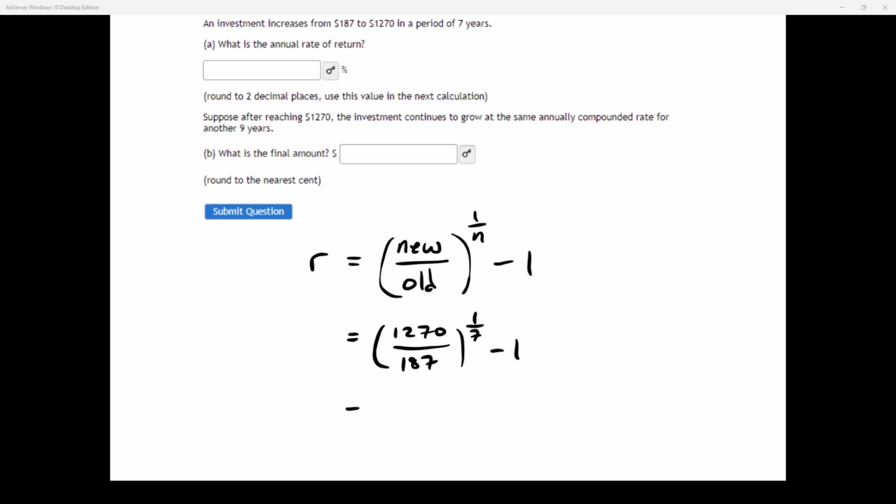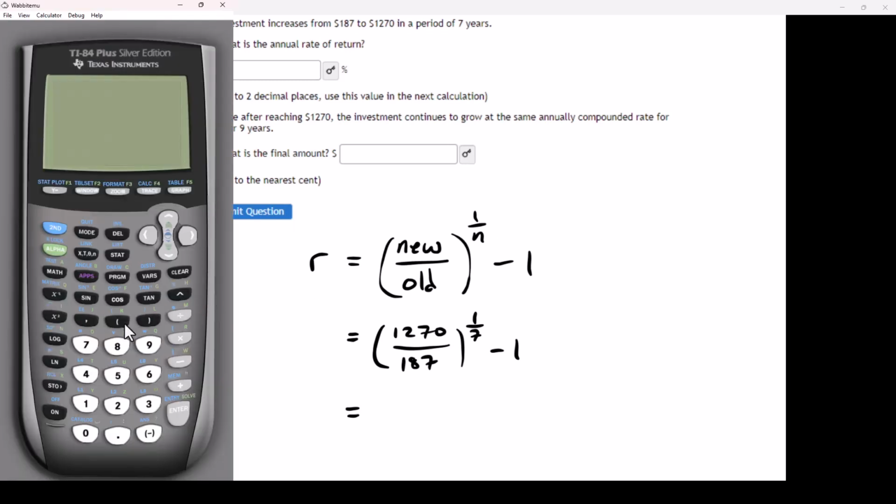Okay, and then this definitely would be something for the calculator, so we'll just type that in. So in this calculator, I'll type 1270, I'll divide by 187, and then I'll use an exponent. In this calculator, the exponent goes right up there into the exponent position when I hit that button.